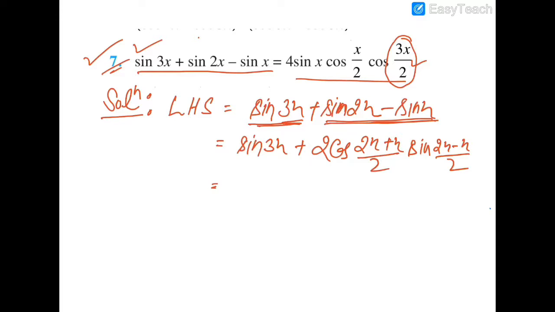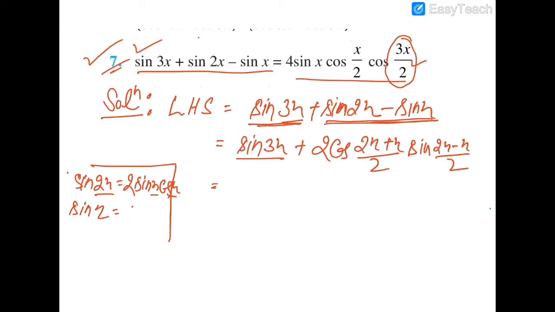Now this can be expanded in the form, here again I am writing another formula, sine 2x is equal to 2 sine x cos x. Either you can say, if 2x is written, then x and x is written. If it is sine x only, then it will be 2 sine x by 2 cos x by 2.